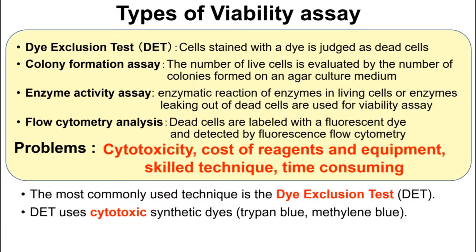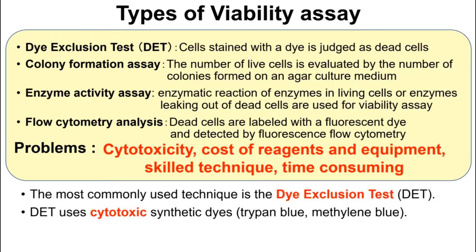In enzyme activity assay, enzymatic reaction of enzymes in living cells or enzymes leaking out of dead cells are used for viability assay. In flow cytometry analysis, dead cells are labeled with a fluorescent dye and detected by fluorescence flow cytometry.